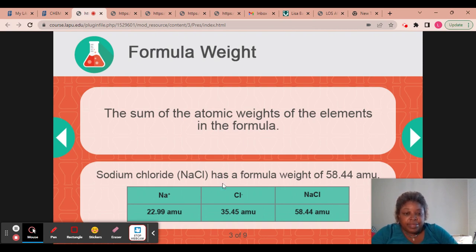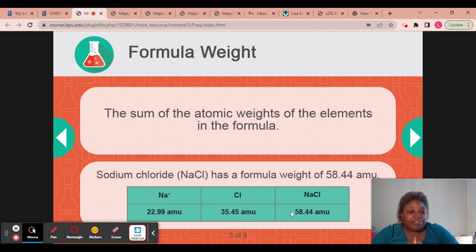To determine the formula weight, for example, sodium chloride, we look at the mass of sodium, which can be found in your periodic table, and the mass of chlorine, also in your periodic table, and we add them up. 22.99 plus 35.45 gives you 58.44.